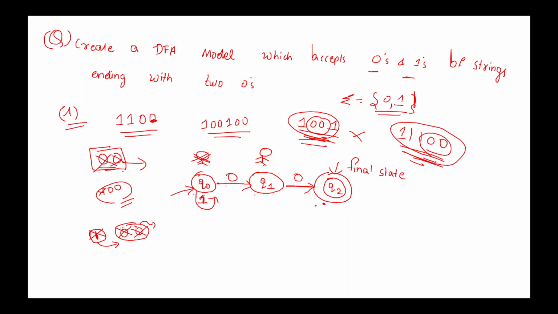So from q0 to reach q1, the input symbol must be 0, because when q0 receives 0, then we stand at q1, right? Now I need q1 on 1. And what is my condition to accept the strings? My string should end with two zeros. So I will keep two zeros here.